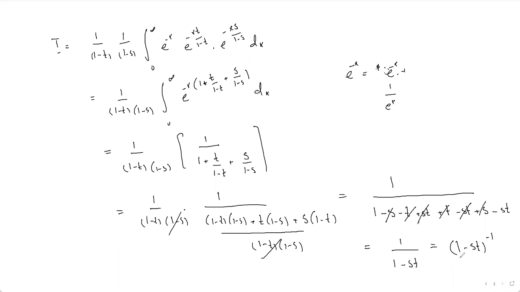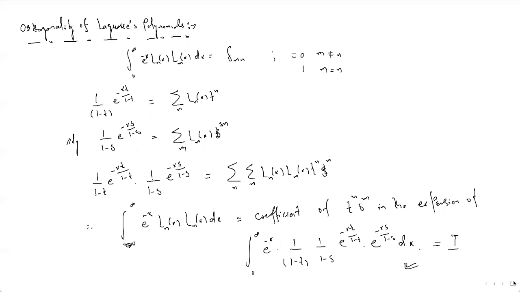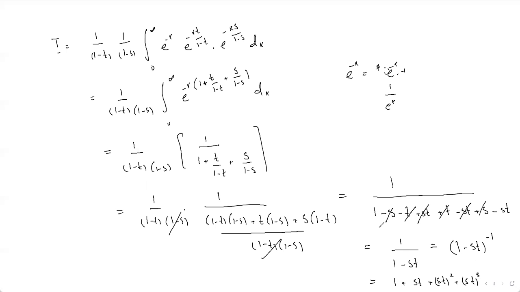Okay, now from the binomial expansion I can have this, a minus b raised to power minus n. So I will write down the power series of this, which will be simply equal to 1 plus st plus st square plus st raised to power 3, okay, sorry, plus so on plus st raised to power r.